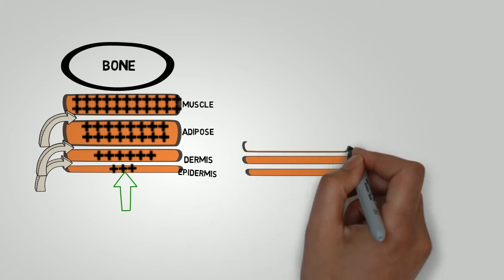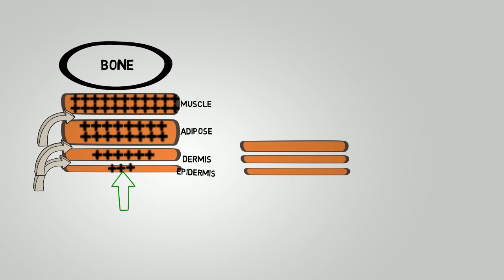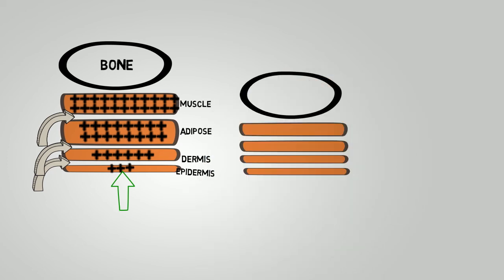Finally, do you recall I made a comment earlier about the size of each of our four layers relative to each other? I want to show you that same diagram with four layers, but you'll see this time we've got notably less adipose and muscle tissue.